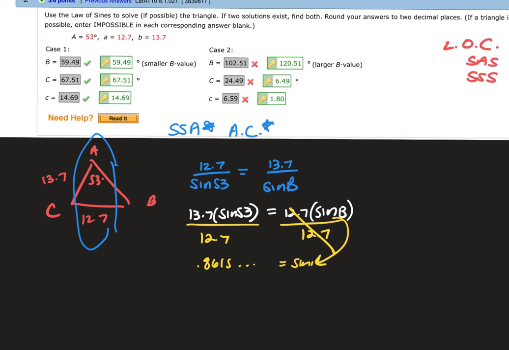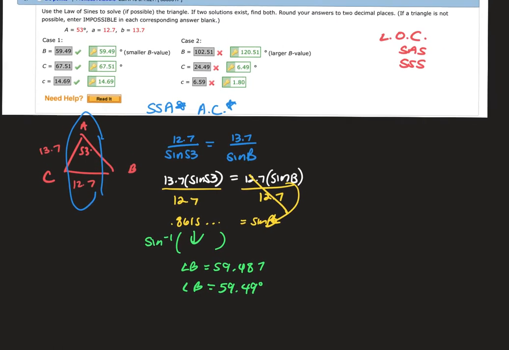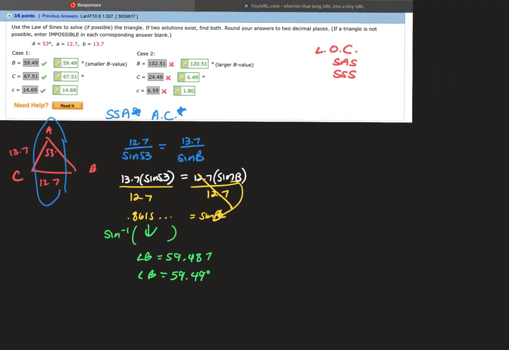You're not going to round it, but you're going to take the sine negative 1 of it. So sine negative 1 of that answer, second sine, second answer. And I get angle B is 59.487, so 59.49 degrees. Because this is a possible two triangle scenario, we say that's angle B1.